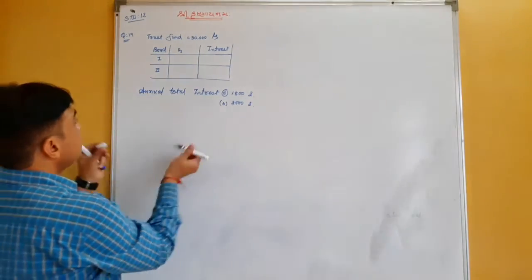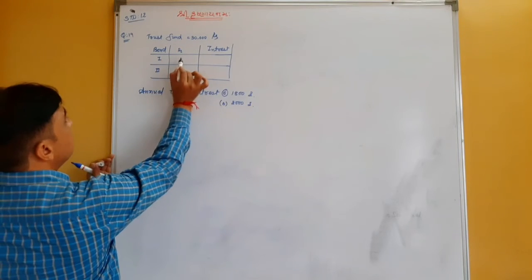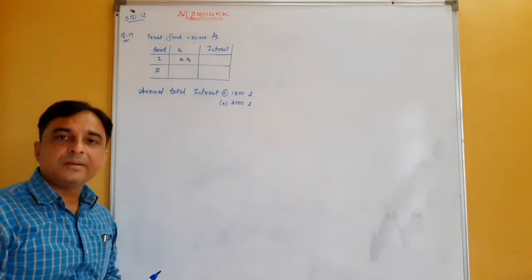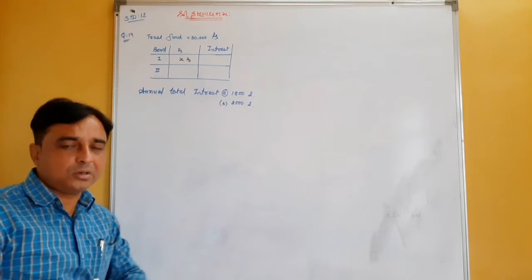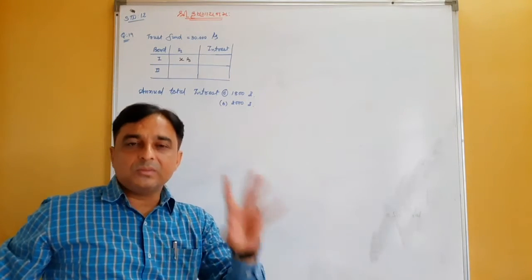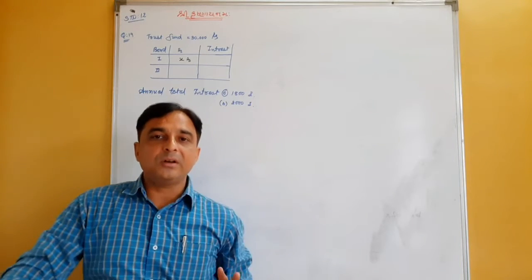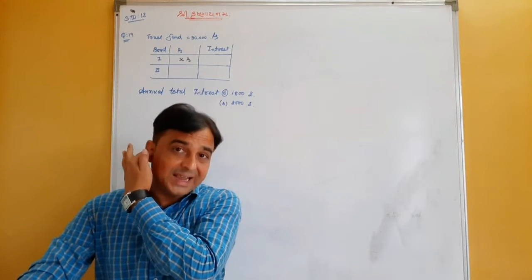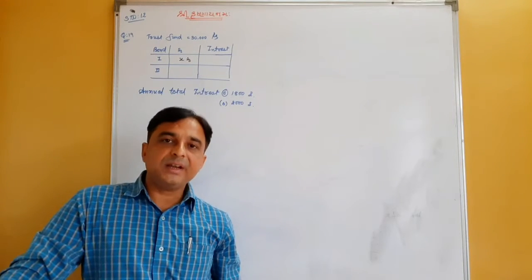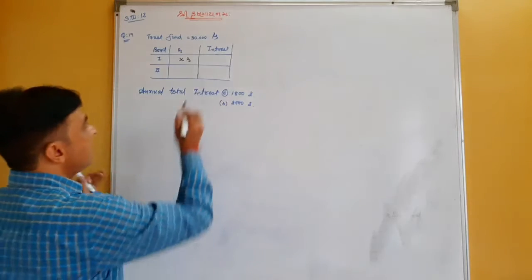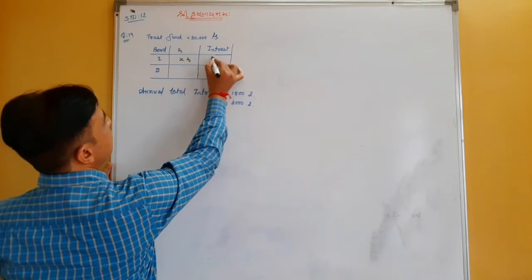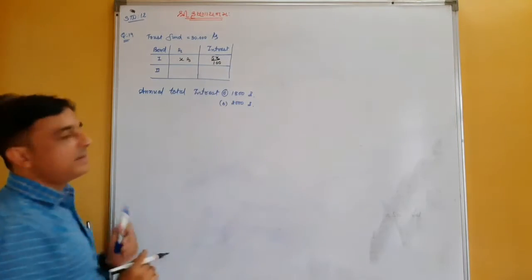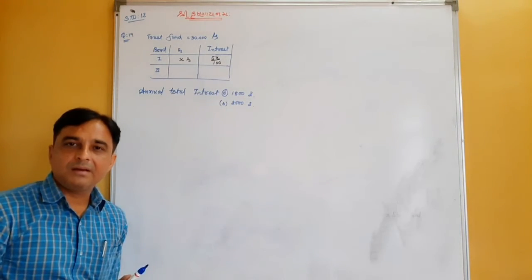So we are keeping X rupees in the first bond. We don't know how much money we have to deposit in the first bond. So let X rupees be invested in the first bond at the rate of interest 5, that means 5x by 100 total interest we will get, right?